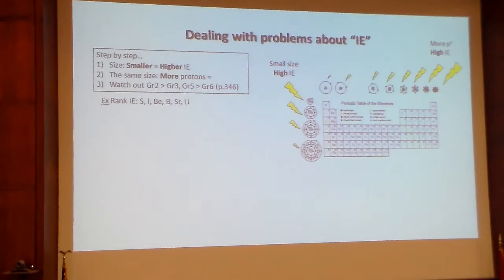In the same size, in the same period, we take a look at protons. More protons, we need more energy, more interaction, higher ionization energy. And third, we watch out for 2 and 3, 5 and 6, for a reason. Okay?